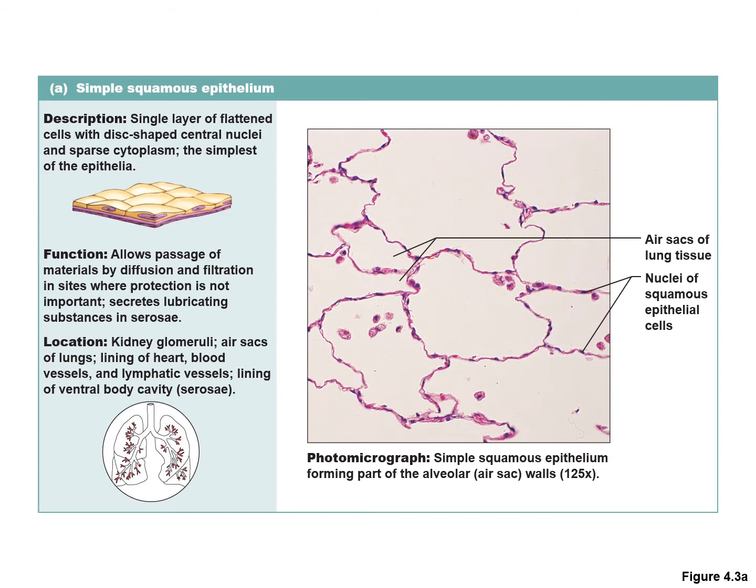Inside the blood vessels and lymphatic vessels, that's a lining of the walls, and also lining of the ventral body cavity. And we know that that's called serosa. So serosa is made from simple squamous epithelial tissue and areolar tissue underneath of it. Okay, so we know description, we know function, and we know location.